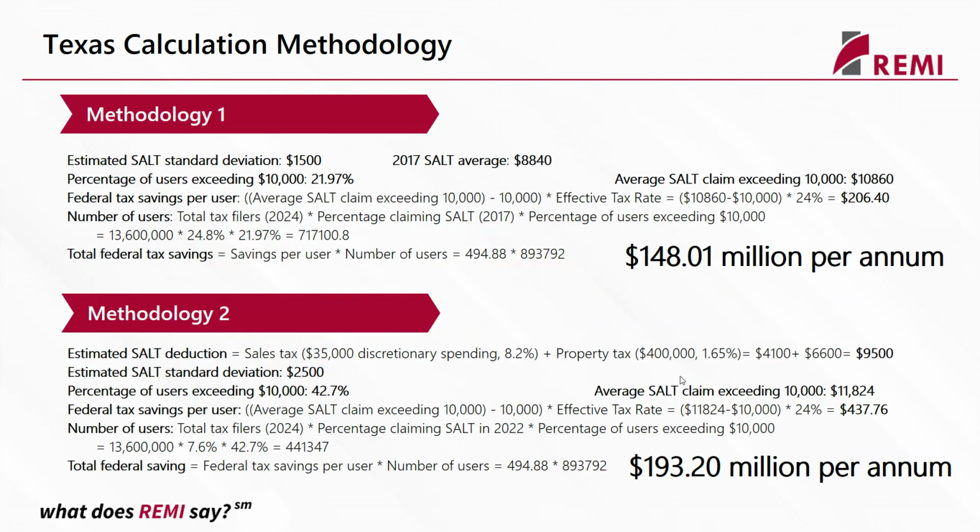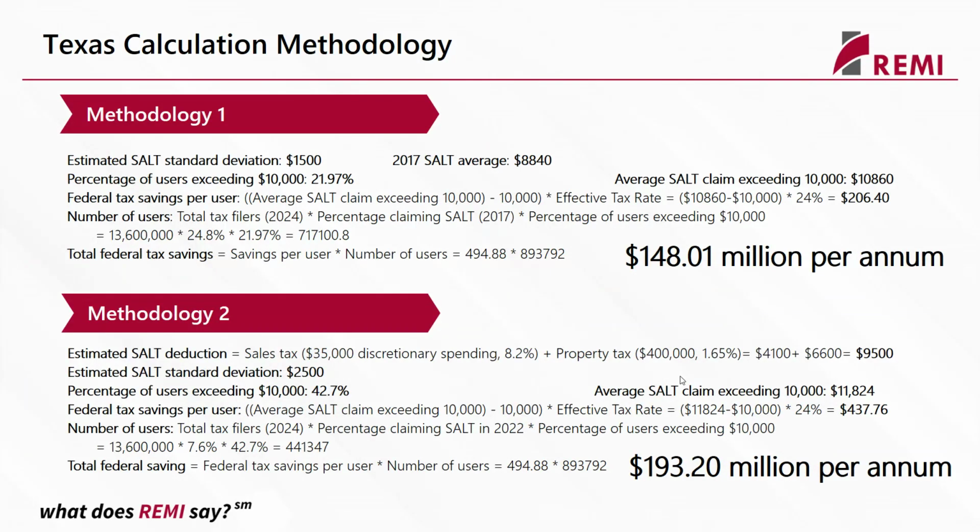The same process was used for methodology 2, but simply with estimated sales tax on $35,000 discretionary spending and property tax on a $400,000 property in Texas. This sum is $9,500, and we estimated the standard deviation to be $2,500, given the increased variability from the extension of the cap from 10K to 40K.